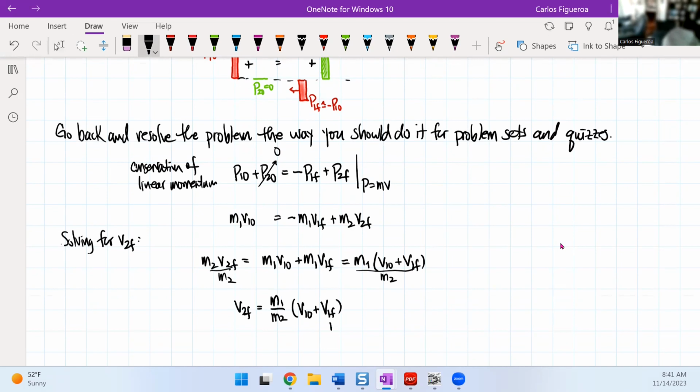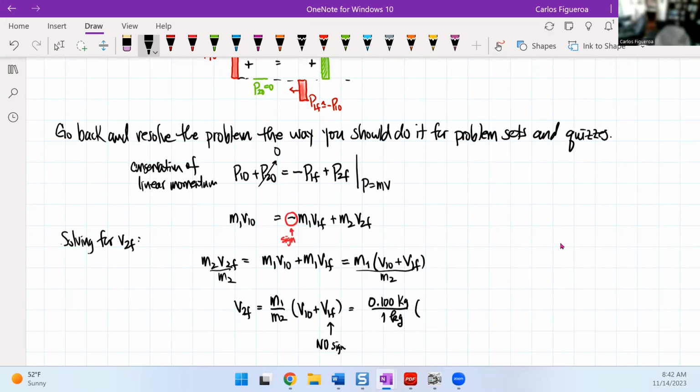like this. And remember, there's no sign on this because look, where did we put our sign? That's our negative sign right there. We added the sign there. Don't put a second sign in there. So then if I just put in my numbers, this is going to be 0.01 kilograms divided by 1 kilogram.